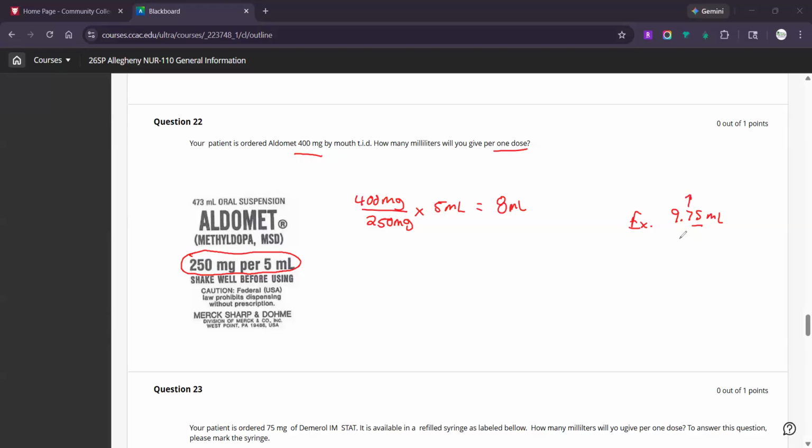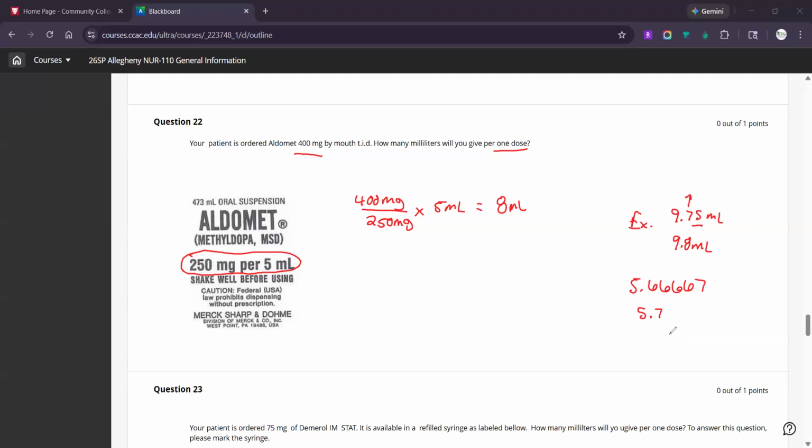So your answer would actually be 9.8 milliliters, what they want you to write. And then let's say you get 5.6 repeating, and this is a common one. Then you would again round it to 5.7.